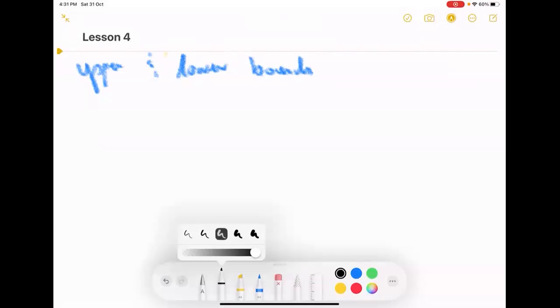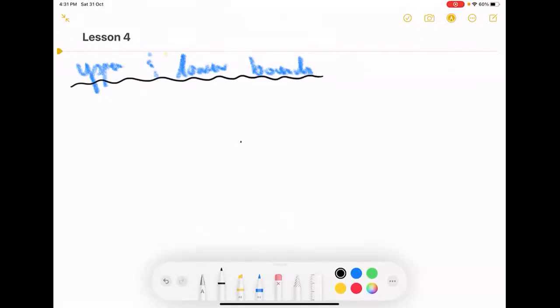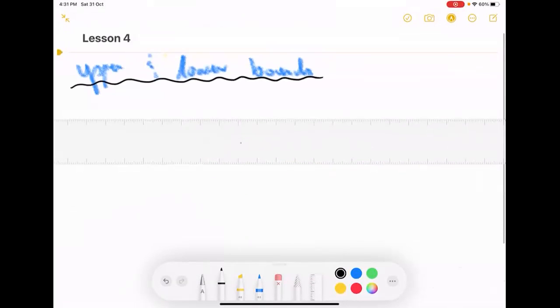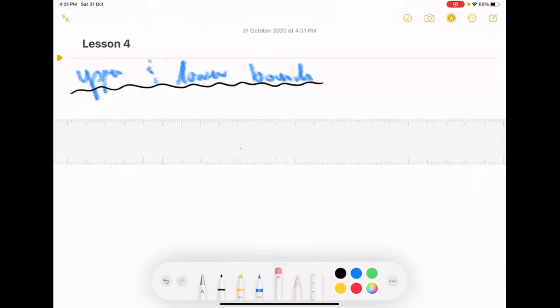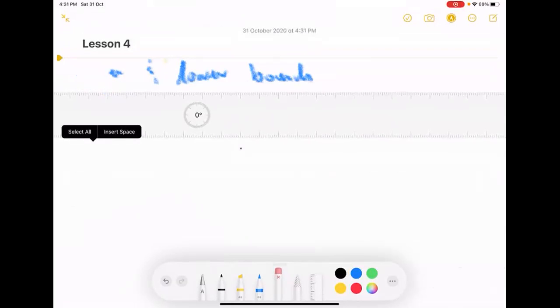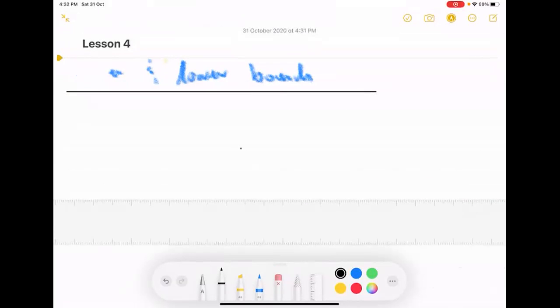Okay. I think it's good now, right? Here it is. I really like the ruler, so sorry that I'm using it, but I really like it. Oh my god. Okay, I use the normal pen. Upper and lower bounds.